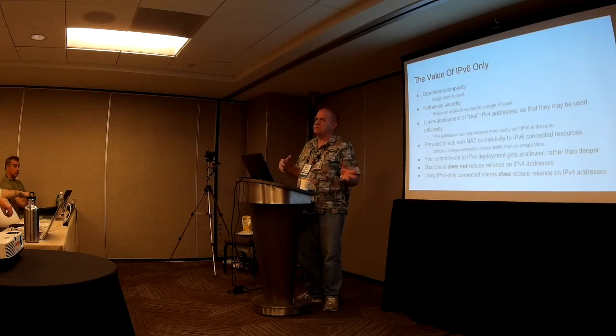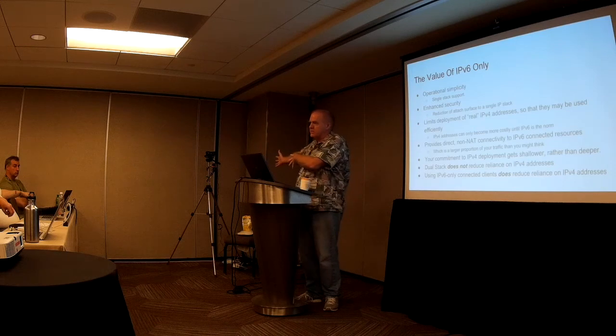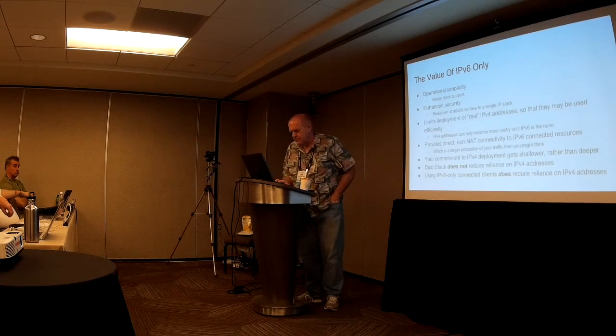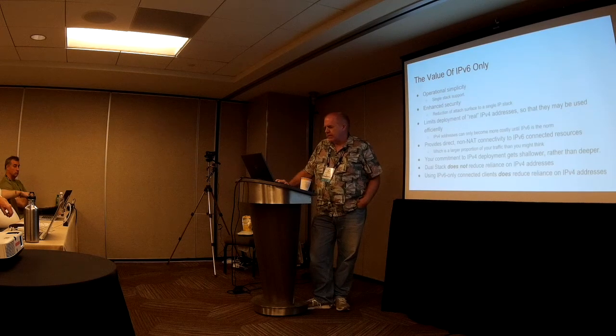And the answer, if something is having a NAT problem, is to do it on v6. So you will grow in v6, and hopefully shrink in v4, and like that. So your commitment to IPv4 deployment gets shallower rather than deeper. Dual stack does not really reduce your reliance on IPv4 addresses, but using IPv6-only connected clients does reduce your reliance on IPv4.